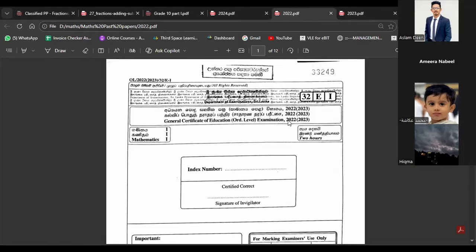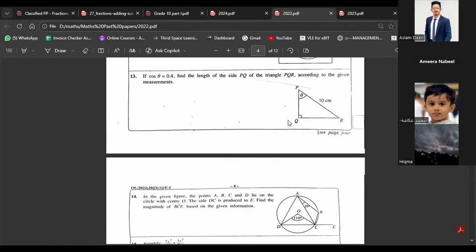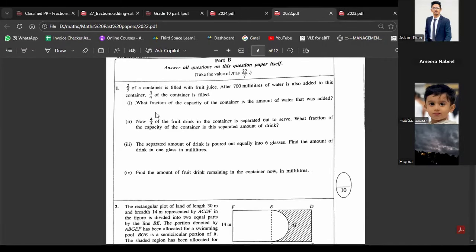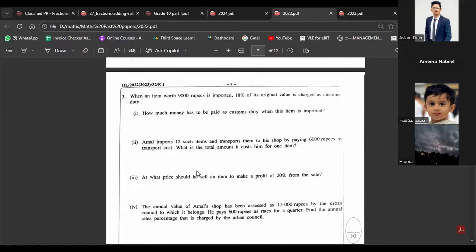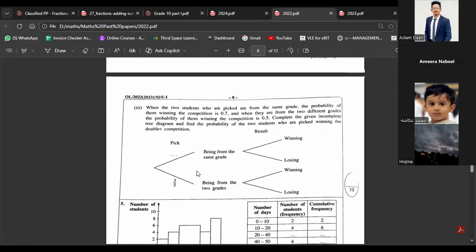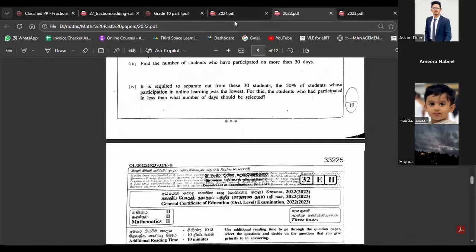Here we have 2022 paper. Okay. The first 25 questions. All right. And then we have the first 10 marks question is going to be under fractions, area perimeter, percentage, probability, grid and tree diagram, and then data representation. And then you have your second paper. All right.